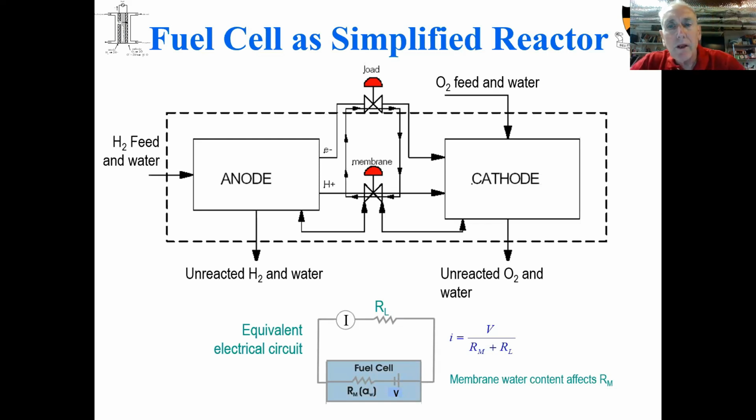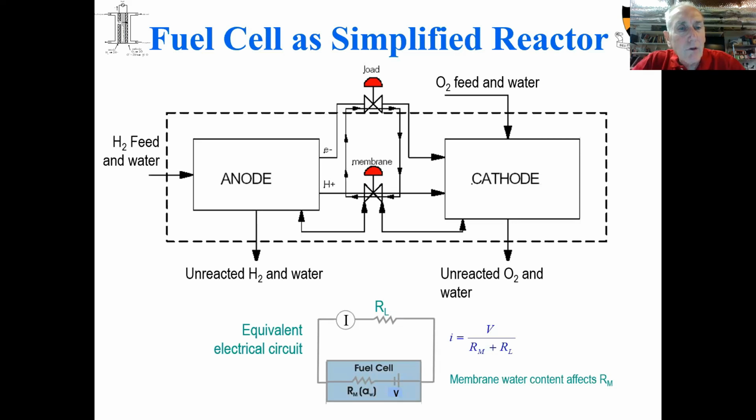Now I've put a dashed line around the anode and the cathode, and then I have some arrows pointing in and out of that. The dashed line represents the physical fuel cell.